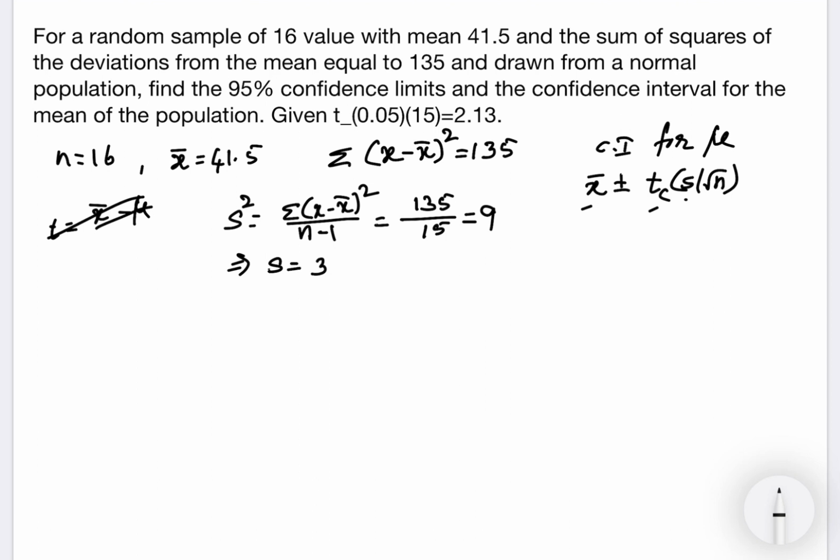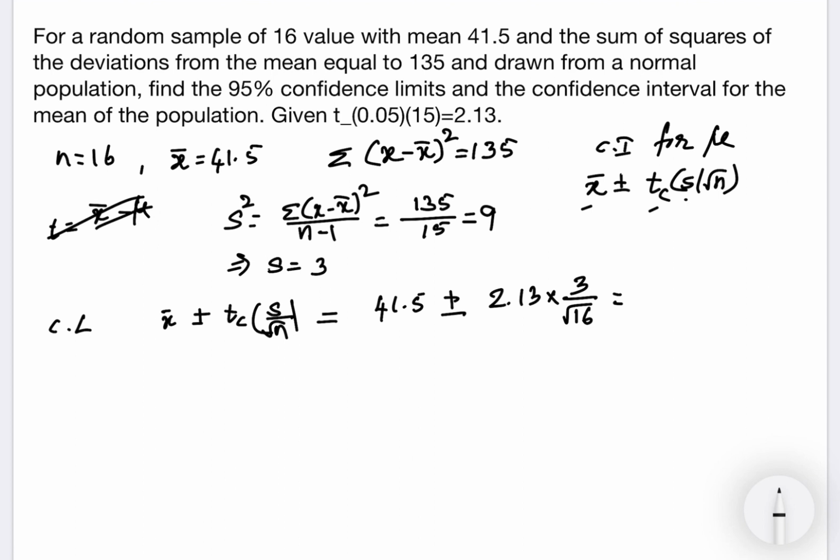So the confidence limits are x bar plus or minus Tc s divided by root n. So that fetches us 41.5 plus or minus Tc is 2.13 times s is 3 divided by root n, which is 16, and this gives us the value to be equal to 43.1.